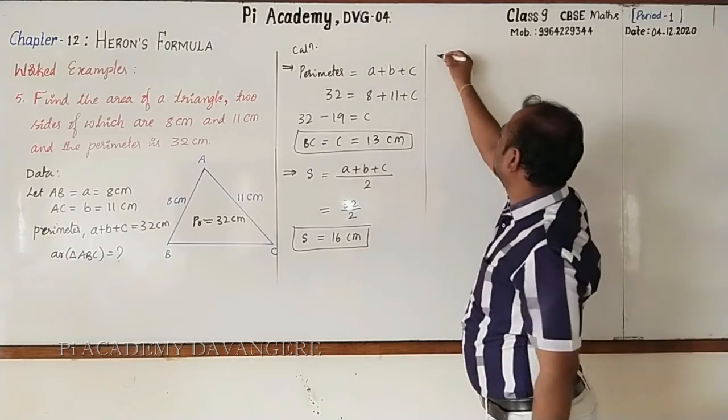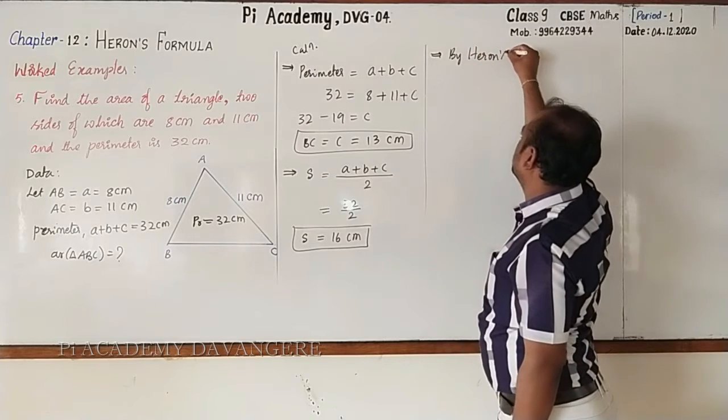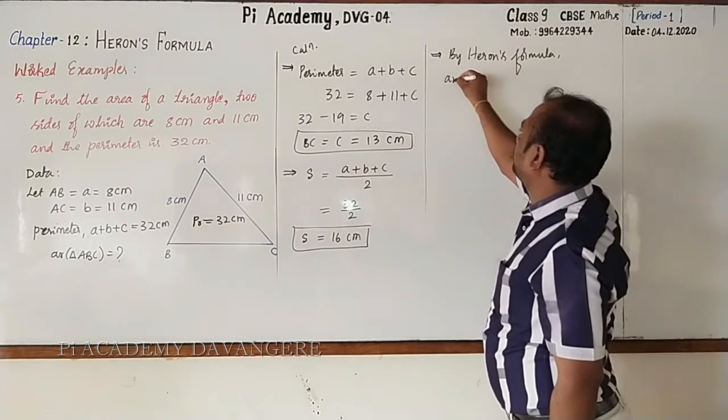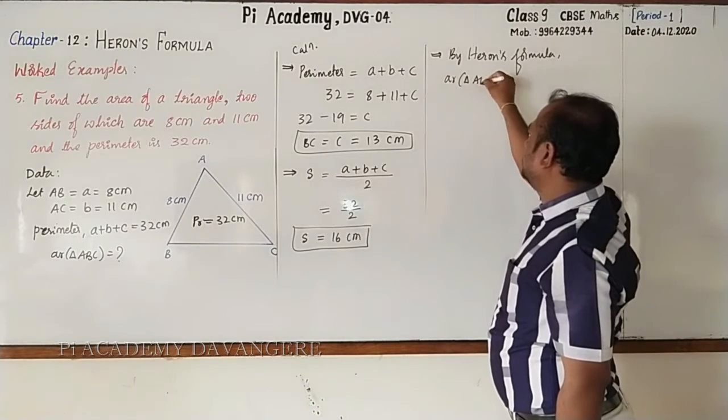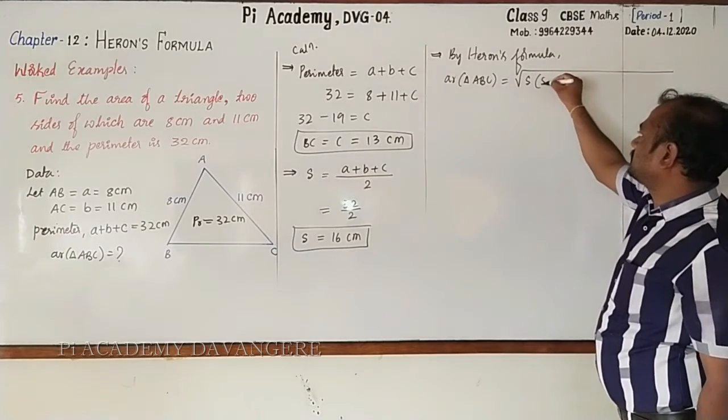I'll write it. By Heron's formula, this is the area of triangle ABC. It is square root of S into S minus AB.